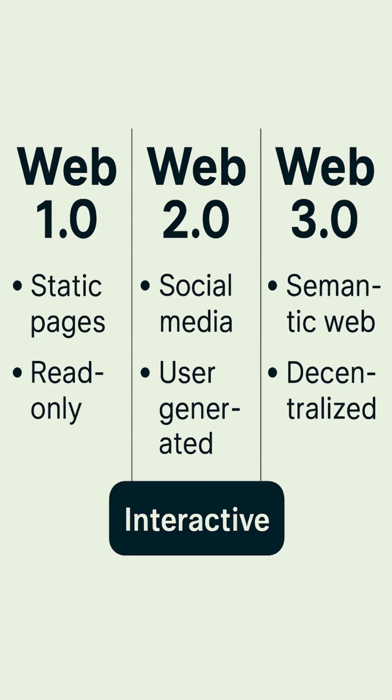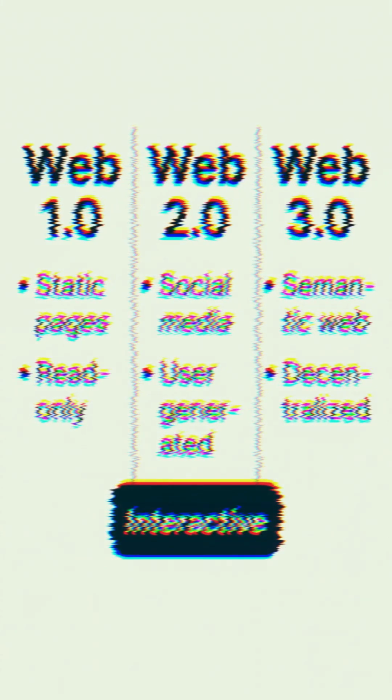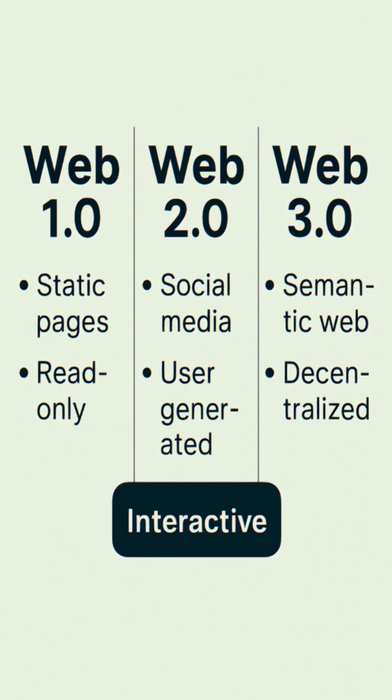Web evolution. We often describe the web's growth in three stages: Web 1.0, Web 2.0, and Web 3.0. The earliest, Web 1.0, was made up of static HTML pages where there was no interaction. It was read-only content.